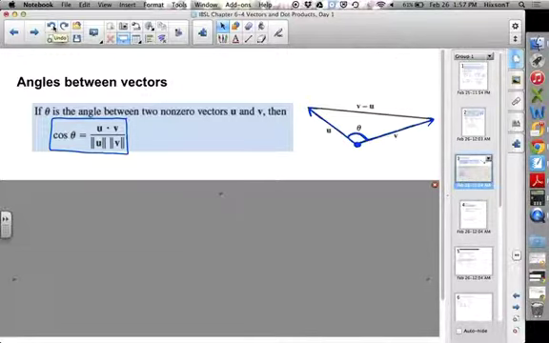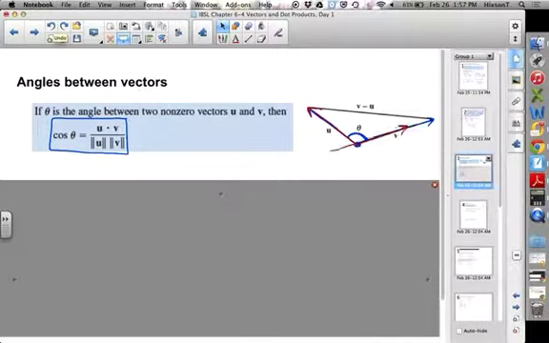I don't understand that triangle over there. How does that side equal v minus u? Because we would have to take, let's see, this vector u, let me do it this way. There's vector u, and here is vector v.